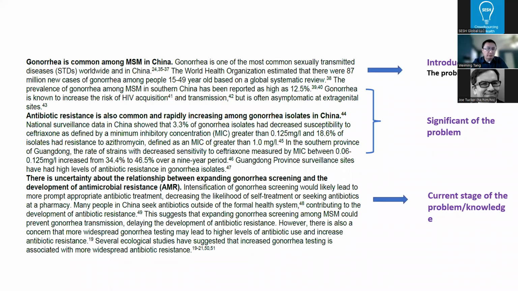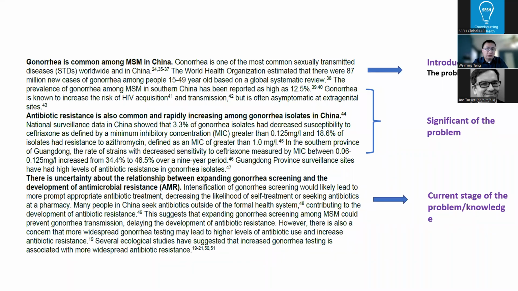In the first paragraph here, we mentioned that gonorrhea is one of the most common STIs worldwide and in China. So we emphasize that this is a significant problem. We will need to address this problem, and we want to mention the significance of the problem, how it actually impacts the world.